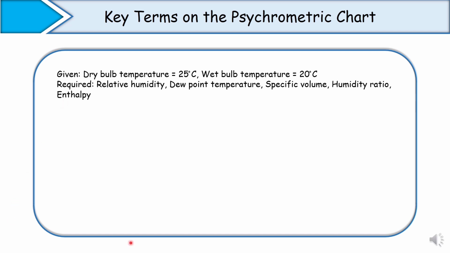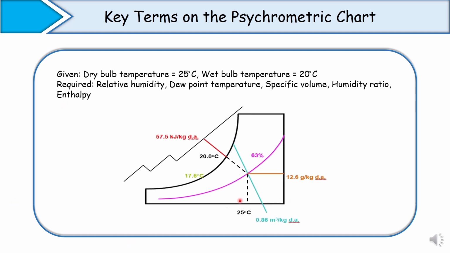So see, this is your psychrometric chart. As I told you, first you have to see the vertical line, which represents the dry bulb temperature. So where is your temperature? Let's say near about 25 degrees Celsius is coming here, so this line. Then you have to see the wet bulb. I have told you in the psychrometric chart, the wet bulb is the diagonal line.